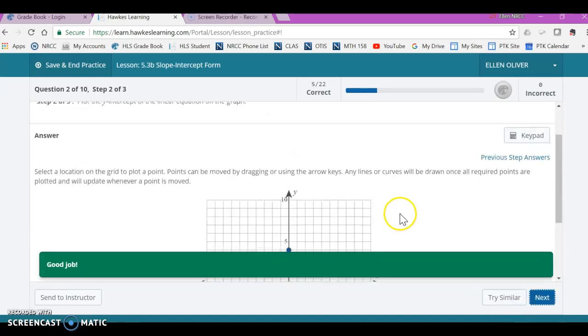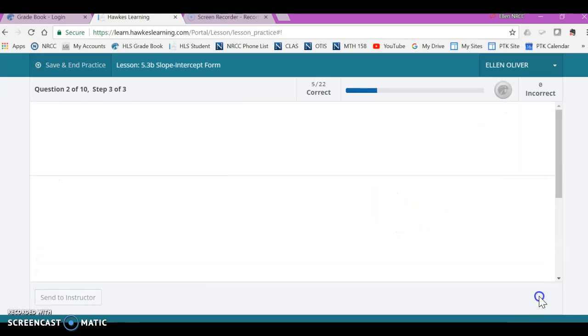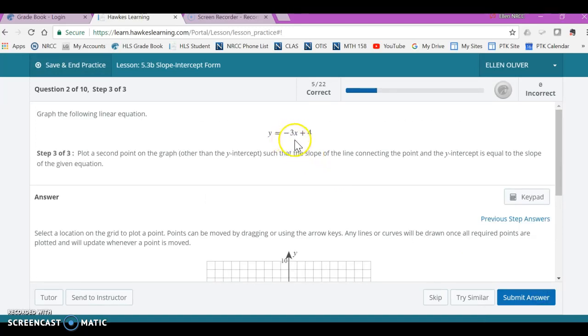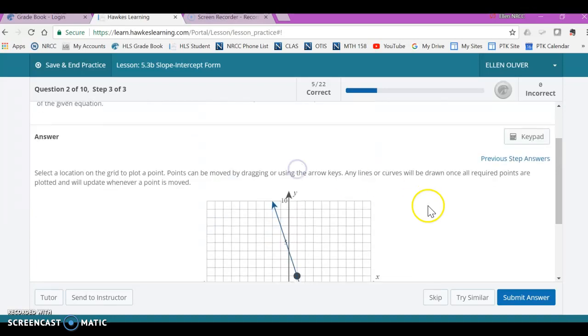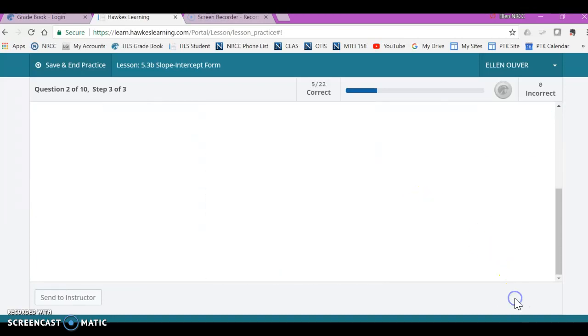Then they want me to go from that point and use the slope of -3. Well, remember that if you write -3 as a fraction, it's just -3/1. So that means from 0, 4, go down 3 to the right 1. And there's the line.